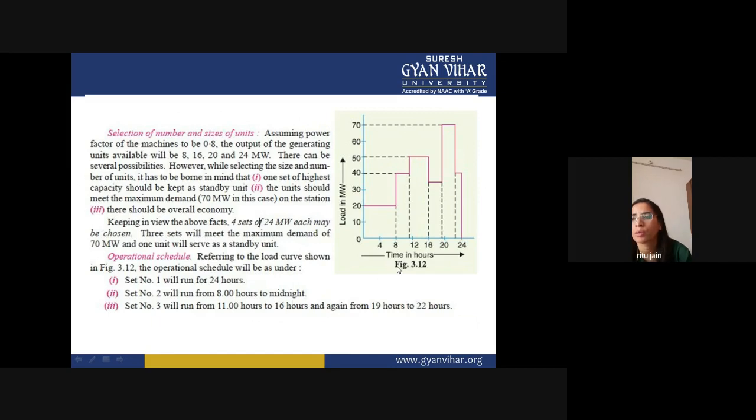So these are the three sets by which you can run the power plant.